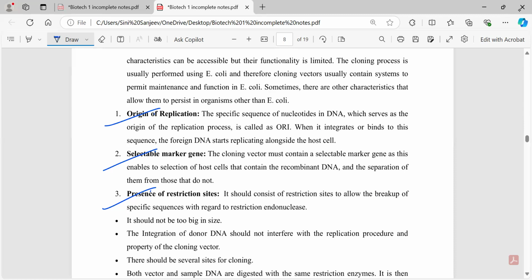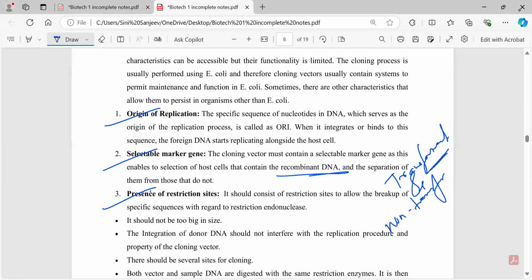For each cloning vector, there must be a selectable marker. Then only you can differentiate between recombinant DNA and non-recombinant DNA. There is one more term over here, which is transformants and non-transformants.